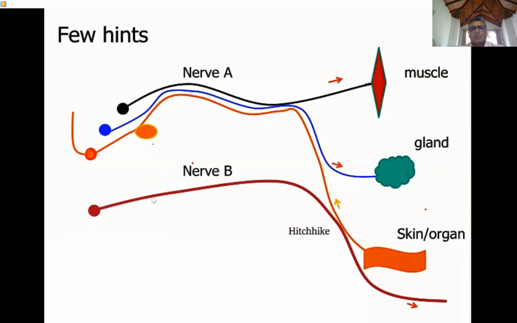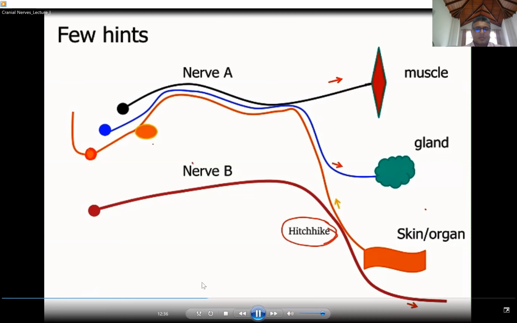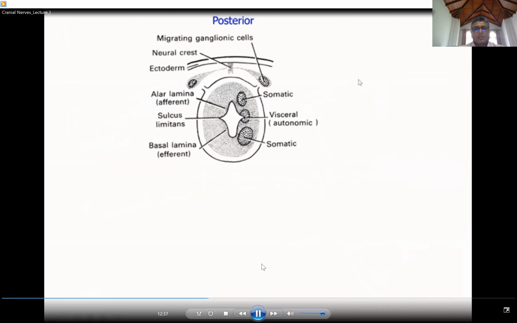This phenomenon is called hitchhiking, because the nerve fibers that originally belong to nerve A hitchhike with nerve B, go with nerve B, so that they can easily reach their destination. This phenomenon also is seen when you discuss the cranial nerves in the head and neck region. We'll get back to these points when we discuss the actual cranial nerves.